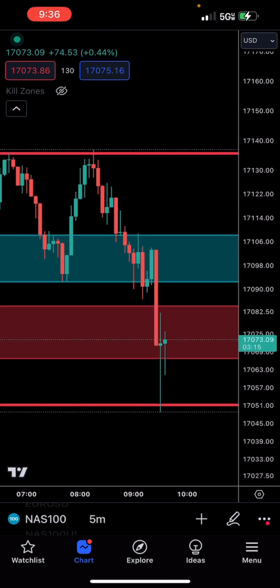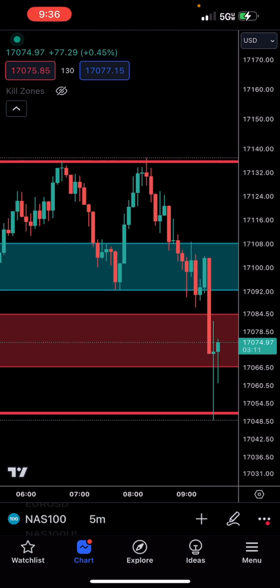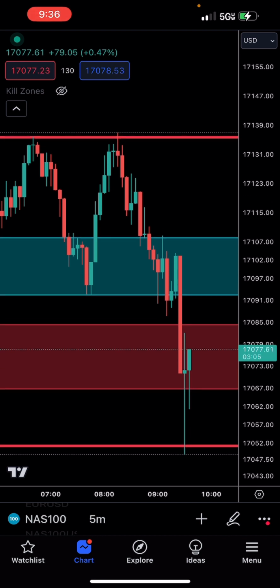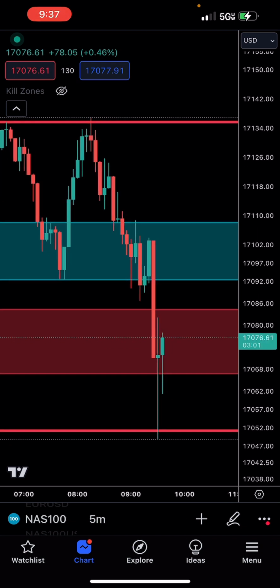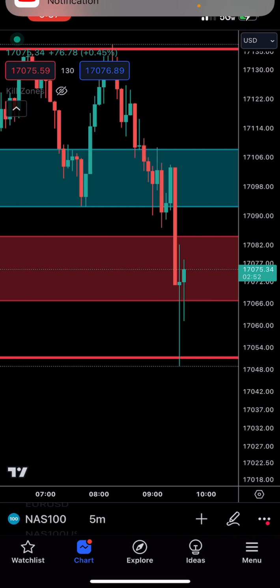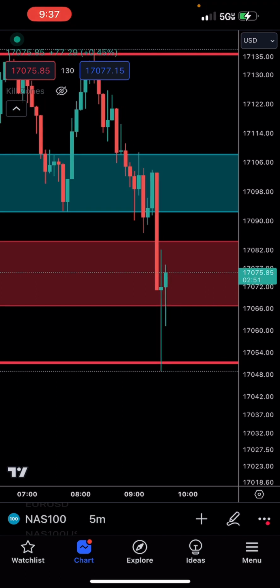And that thing is looking pretty nice. But I still want to be careful because price could want to go up and take out the buy stops once more. So I have to be very careful about that.